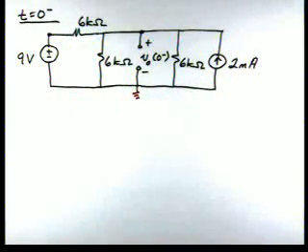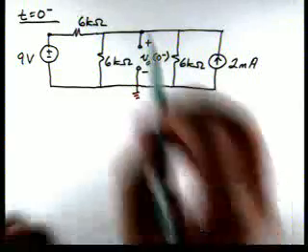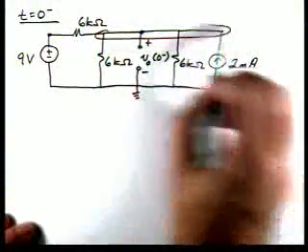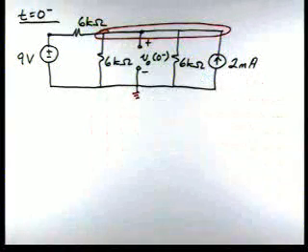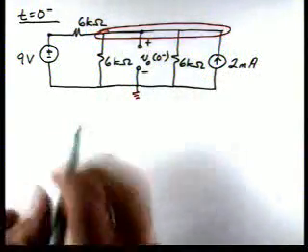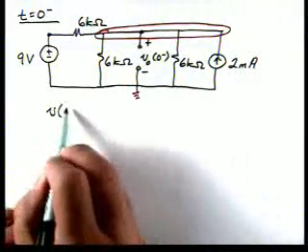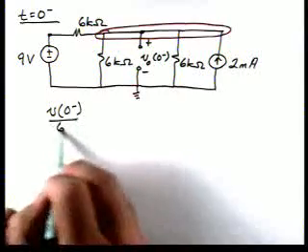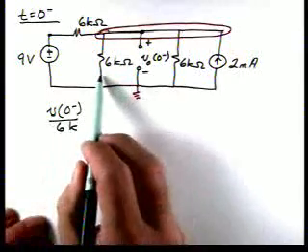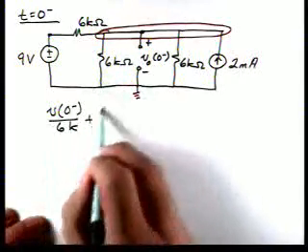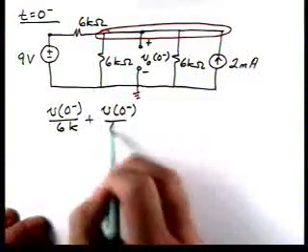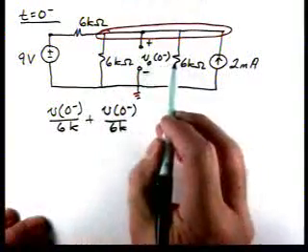So let's apply KCL to this top node to come up with a nodal equation. At the top node, we get V0 of 0 minus over 6K. For instance, that could be the current here. Then V0 of 0 minus over 6K would be the current here.